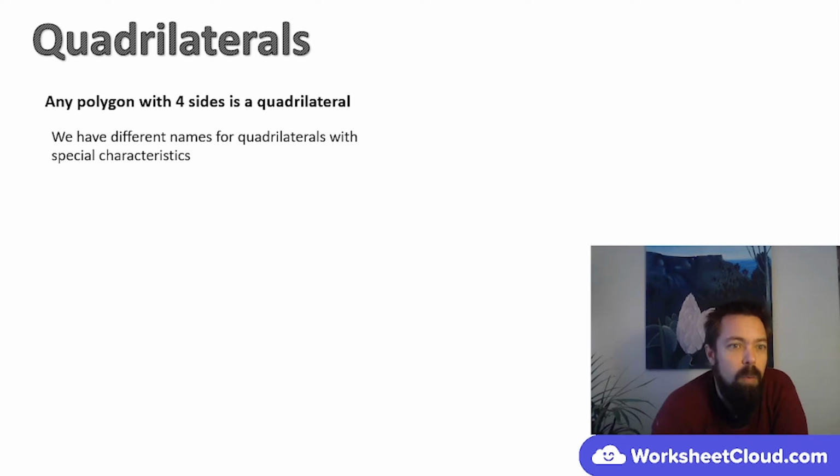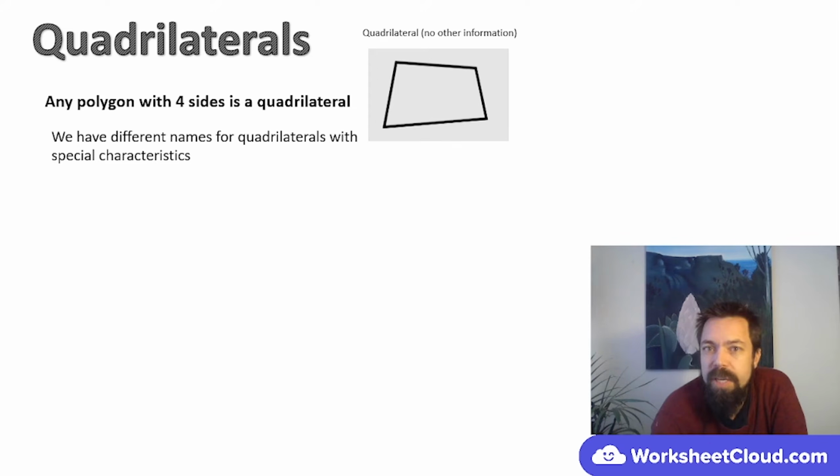All right. Once again, we have different names for quadrilaterals depending on what their special characteristics are. If we just have four sides and there's no other information given, then I can only call it a quadrilateral. End of story.